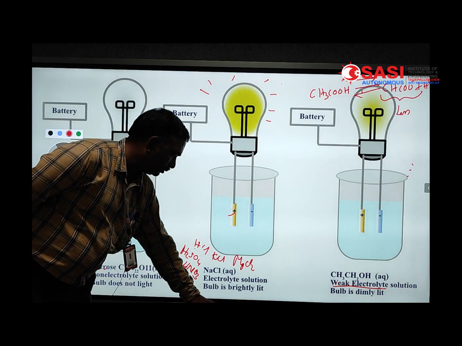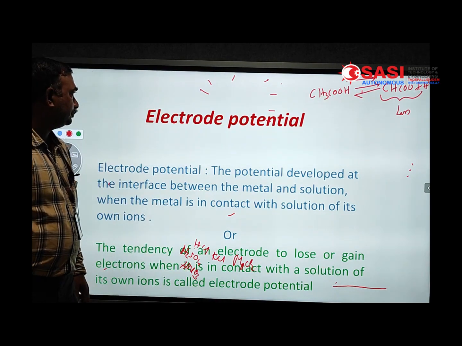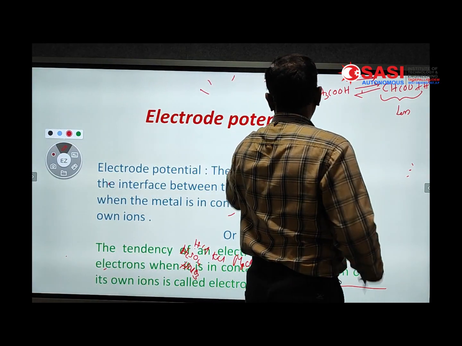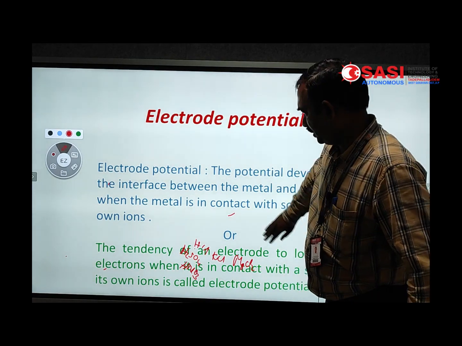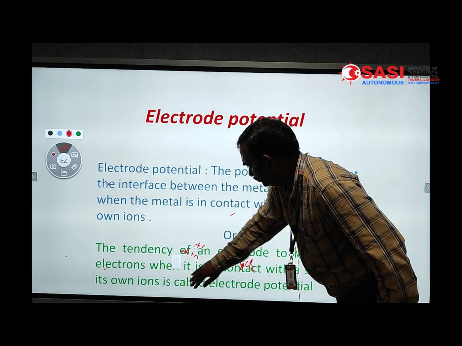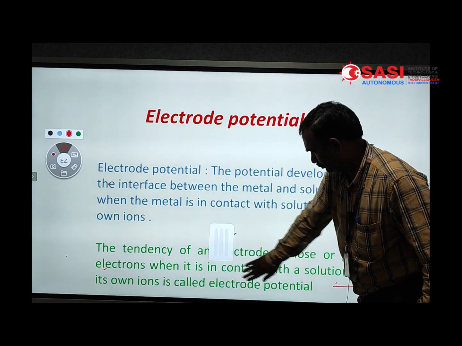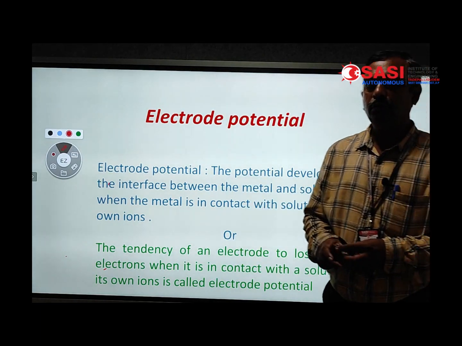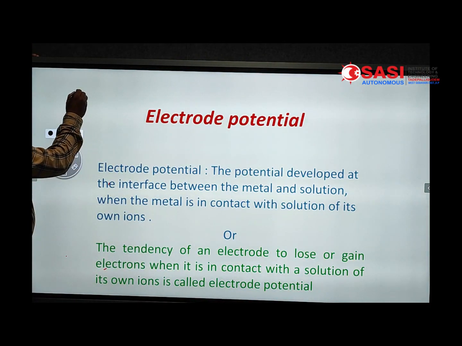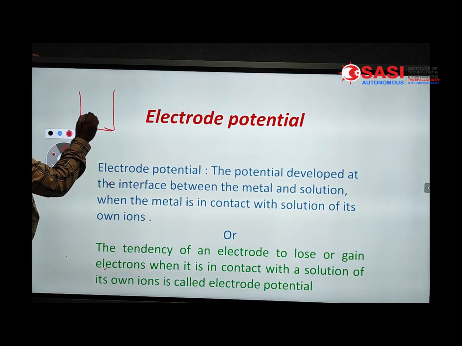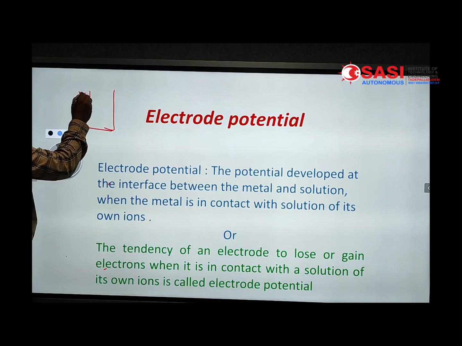So this is the next one, and now we are going to study electrode potential. So what is electrode potential? In your lower classes you have studied an electrolytic cell, which consists of two electrodes.